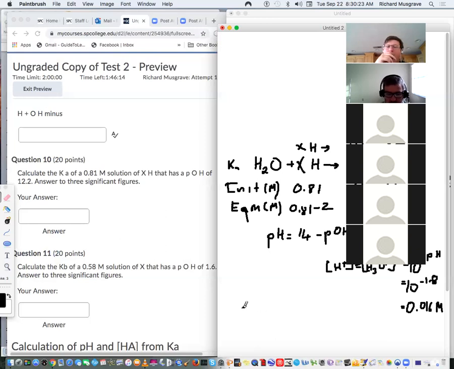Now we know that for the Ka, it's going to be the concentration of H3O plus times X minus over XH. Remember, we ignore the water here. The water is a constant concentration.